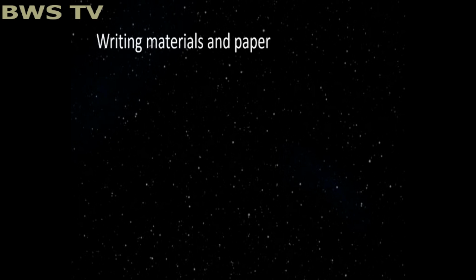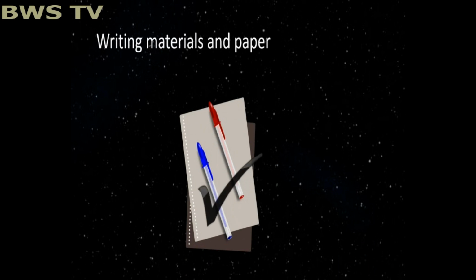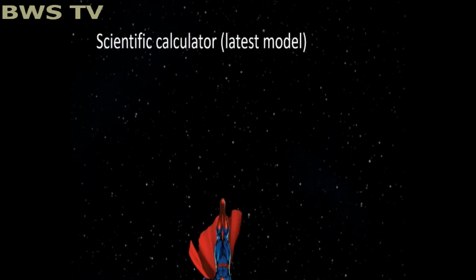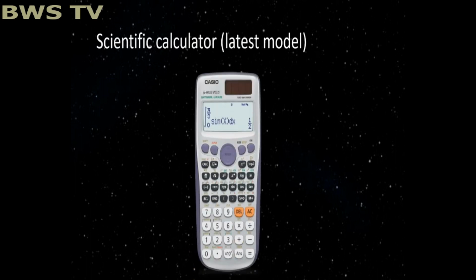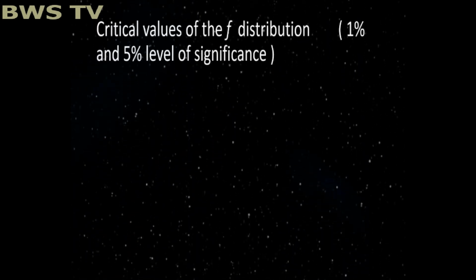First, you need writing materials and paper. Then you need a scientific calculator, and the latest models are most preferable. You also need the critical values of the F distribution at 1% and 5% levels of significance.